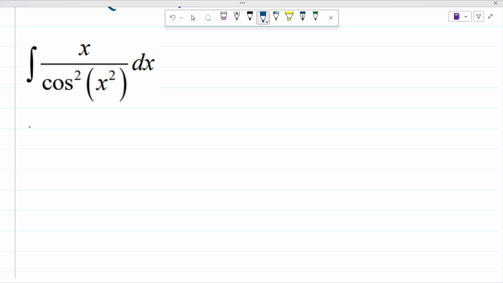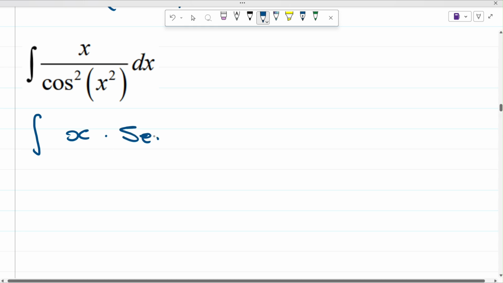So the x that's up there multiplied by 1 over cos, which reciprocal is this equivalent to? It's a sec. So this is going to be sec squared of x squared dx.